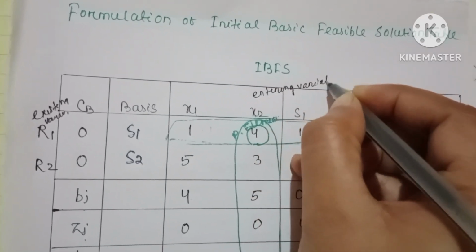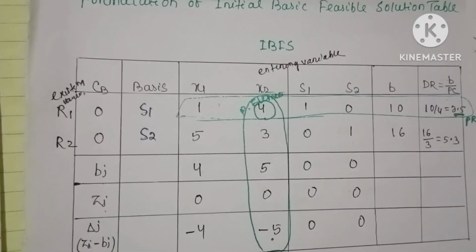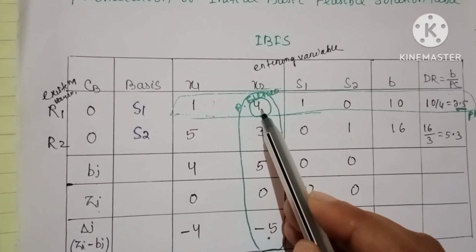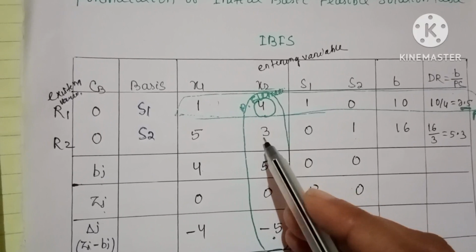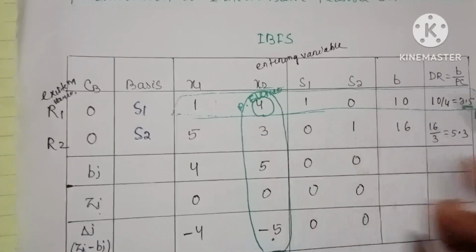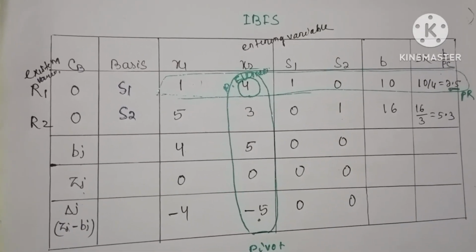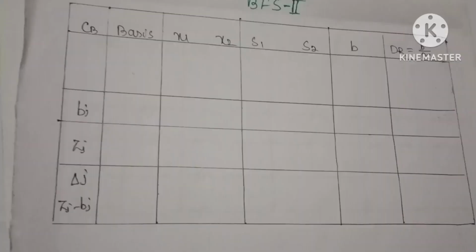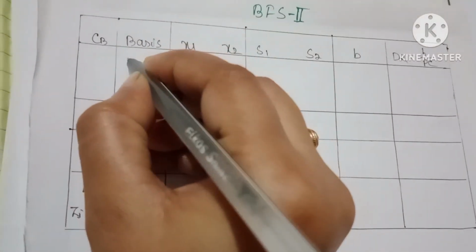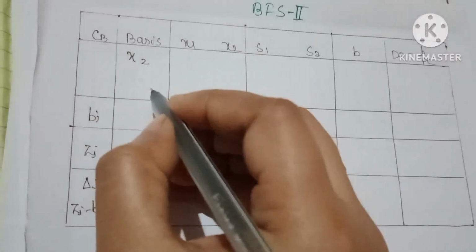So, the purpose of formulating the second BFS is to convert the pivot element into 1 and all other elements to 0. So, let us see how to formulate the BFS 2. Here in the basis, x2 enters and s1 goes out.